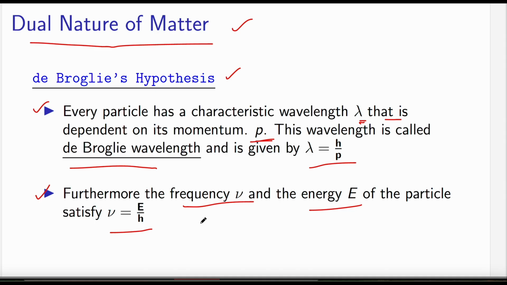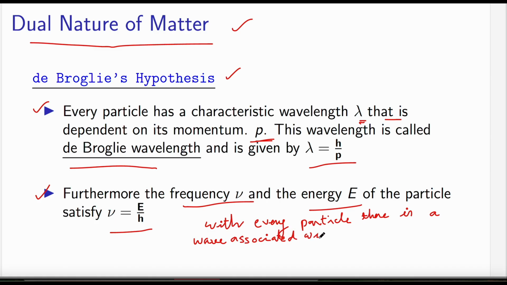So what is the takeaway? With every particle, like photon, there is a wave associated with lambda is equal to h by p and nu is equal to E by h.